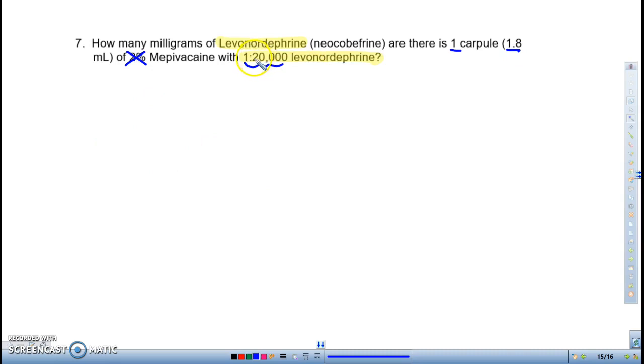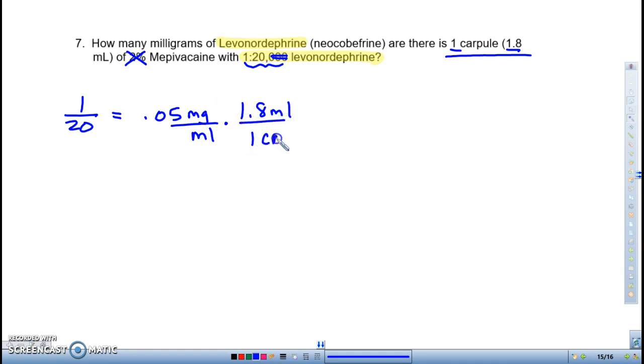Okay, so I told you to calculate your milligrams per milliliter of your vasoconstrictor. It's 1, take off those zeros, divided by 20. 1 divided by 20 gives you what? Yeah, that was 0.05 milligrams per milliliter. Now let's use this. In 1 carp, there's 1.8 milliliters. Well, I'm going to switch that around and say 1.8 milliliters in 1 carp.